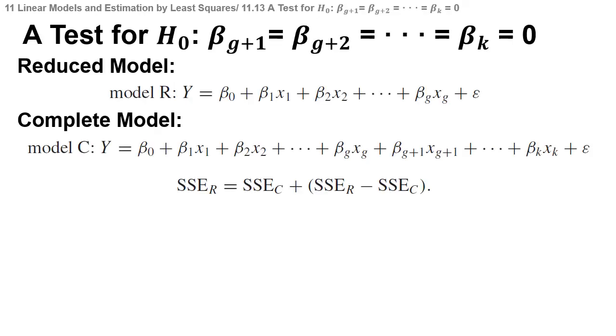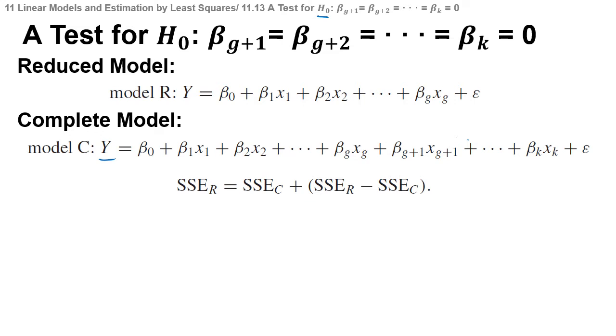Okay, let's move on to chapter 11.13, which is a test for the H0 that some part of the beta parameters are 0 or not. In this case, we have two models, a complete model and a reduced model, and we are considering the multiple linear regression case. Let's say our complete model can be specified with k number of parameters, k number of x.